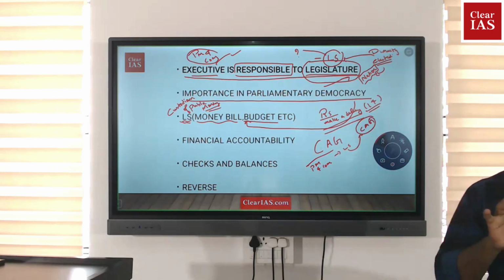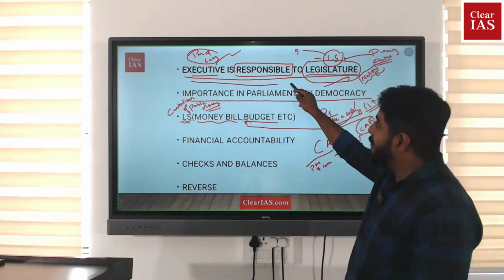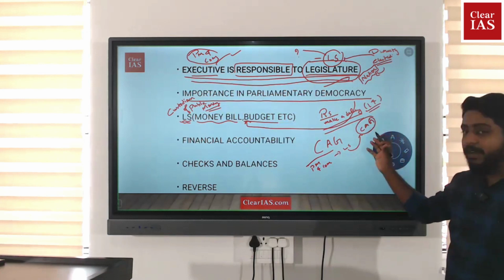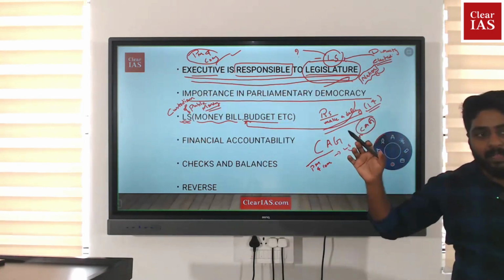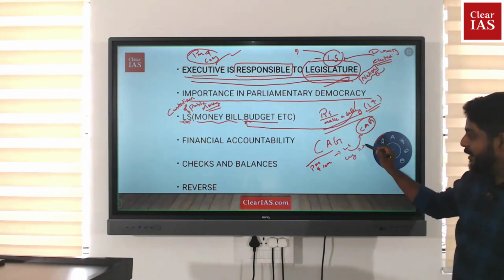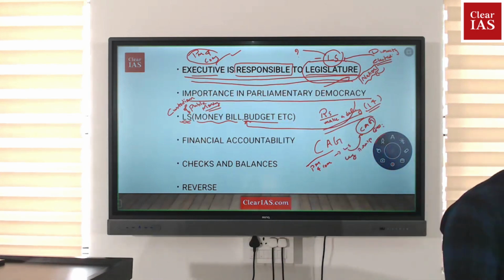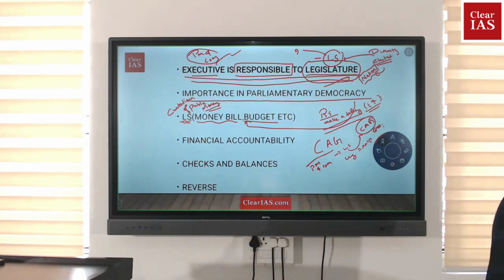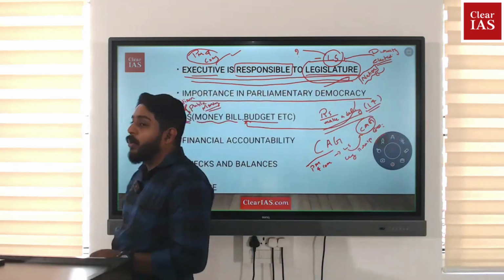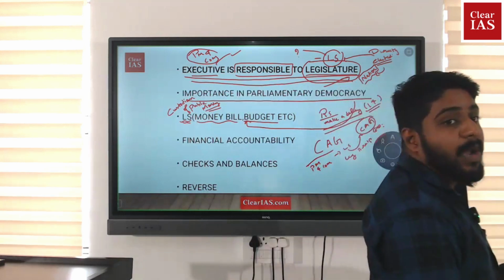In other words, what you need to understand is that as the thumb rule of parliamentary form of government is that the executive is responsible to the legislature, the Comptroller and Auditor General is just reversing it. The legislature is responsible to the executive, isn't it? Because Lok Sabha will have to answer regarding why this much money was allocated for this kind of business. It needs to be answered by Lok Sabha.